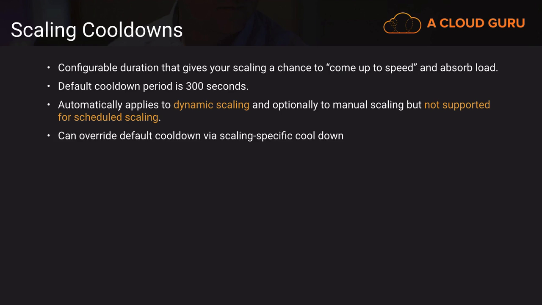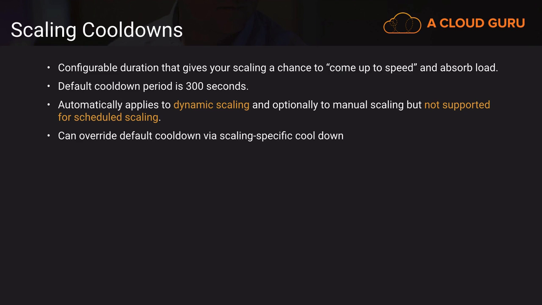So speaking of cooldown, let's talk about that in a little bit more detail. It's a configurable duration that gives your scaling a chance to come up to speed and absorb some load. The default cooldown period is 5 minutes, 300 seconds. It automatically applies to dynamic scaling, and you can optionally use it in manual scaling, but it's not supported in scheduled scaling.